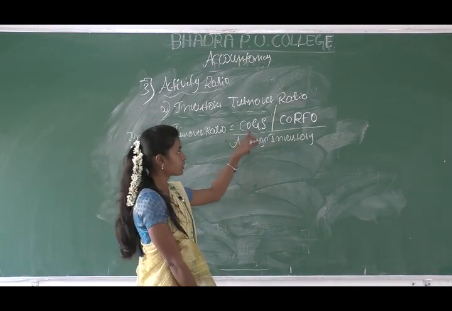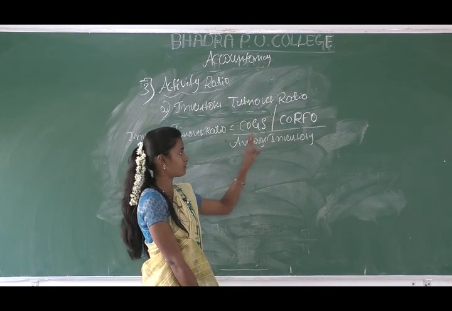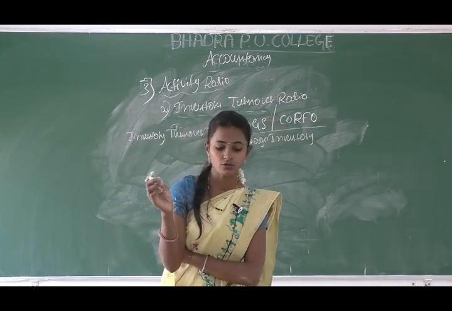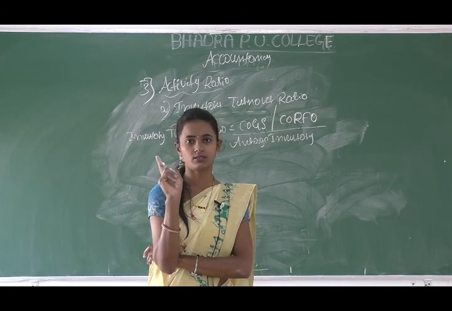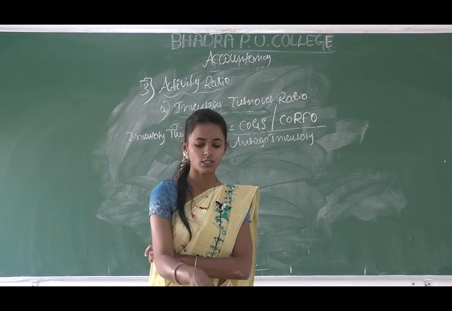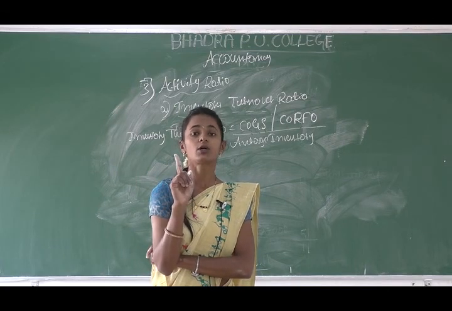Again, to calculate COGS or CORFO and average inventory, we have formulas. To calculate cost of goods sold, we have two formulas. The first formula is cost of goods sold equals sales minus gross profit.